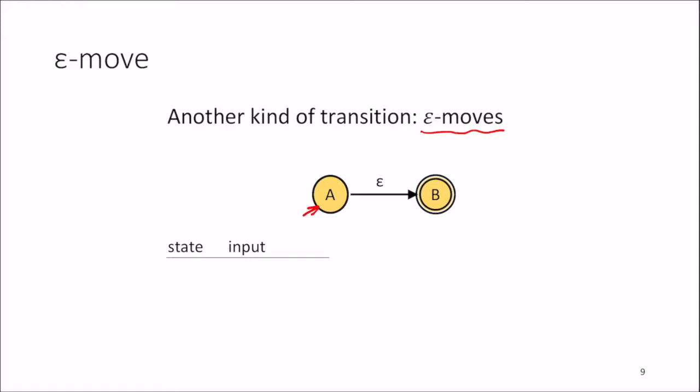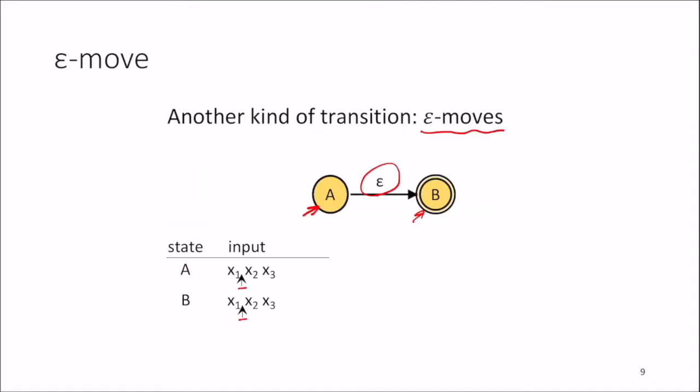From state A, on the empty string, I can go to state B. So if I am at some stage in the input, let's say I have an input x1, x2, x3, and I'm at state A, I can, without accepting any further input, take a transition. The input head stays at the same place. That's what it means to take a transition on an empty string: you don't move any further in the input string, but you can take a transition to another state.